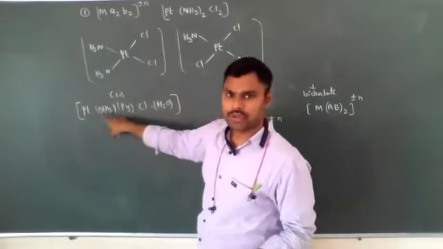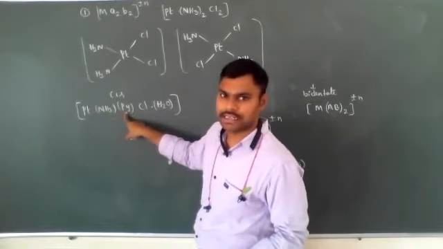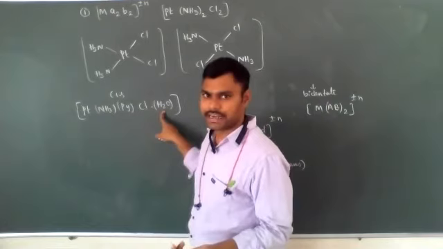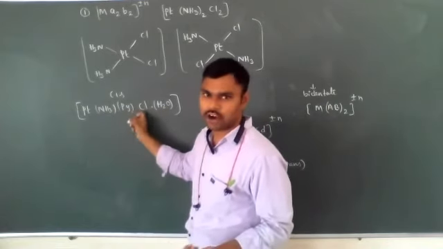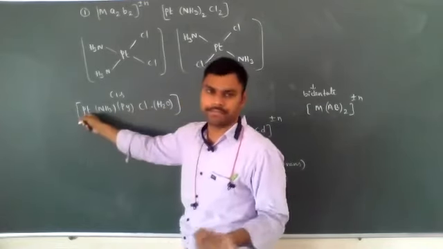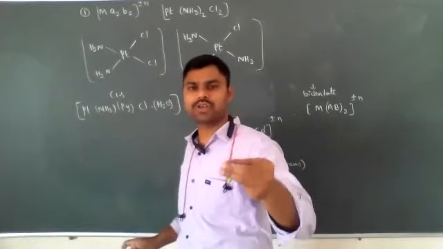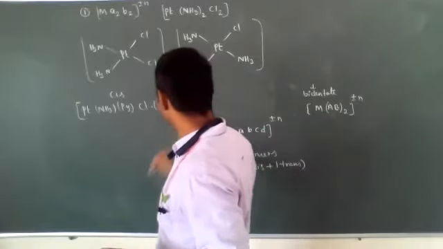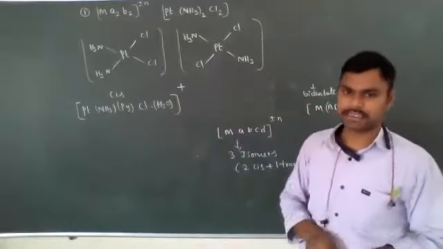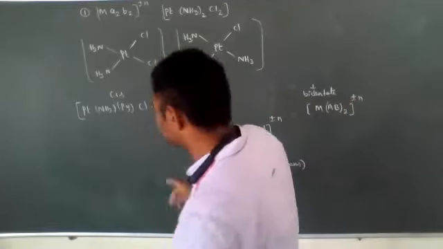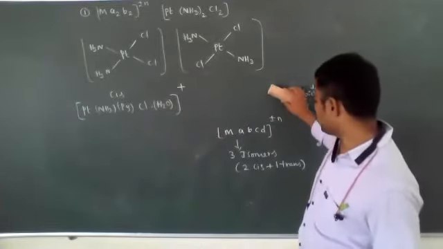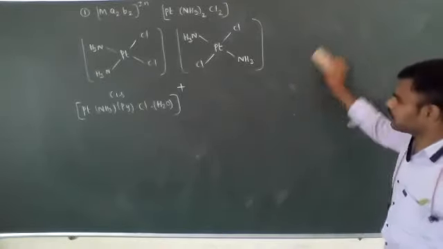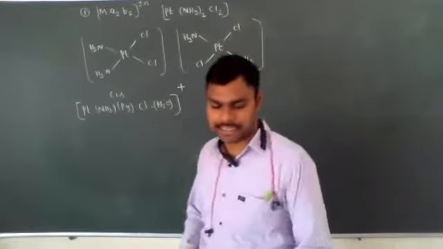See, ammonia is neutral, pyridine is also a neutral ligand, chlorine is mononegative, and water is a neutral ligand. Actually, the oxidation state of the central metal would be +1, but platinum mostly shows either +2 or +4 oxidation state. That's why here I am keeping a positive charge on the coordination sphere, meaning it is a positive complex compound. Let's see the 3 isomers I said.